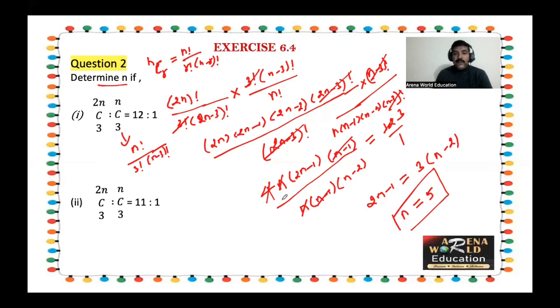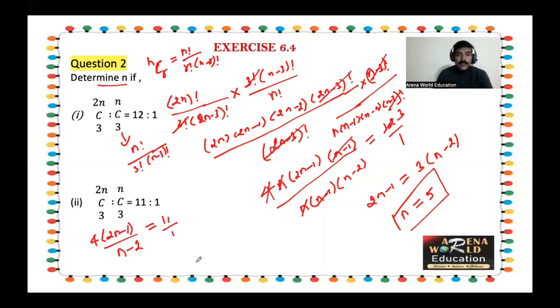So what we can do, directly we can write till the point you can see here, it was 4 into 2n minus 1 divided by n minus 2. Here we had cancelled out 4 and 12. So on the right hand side, we are having only 11 upon 1.